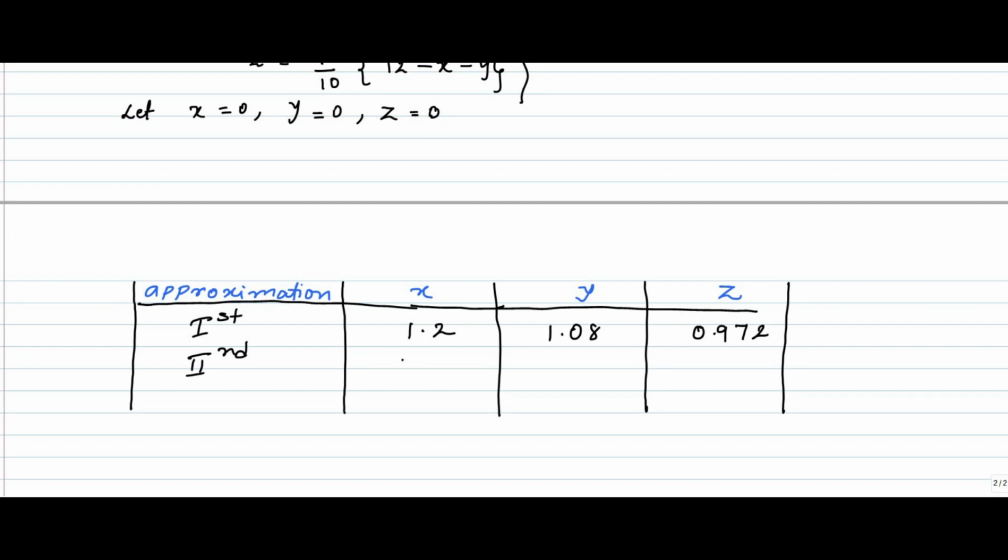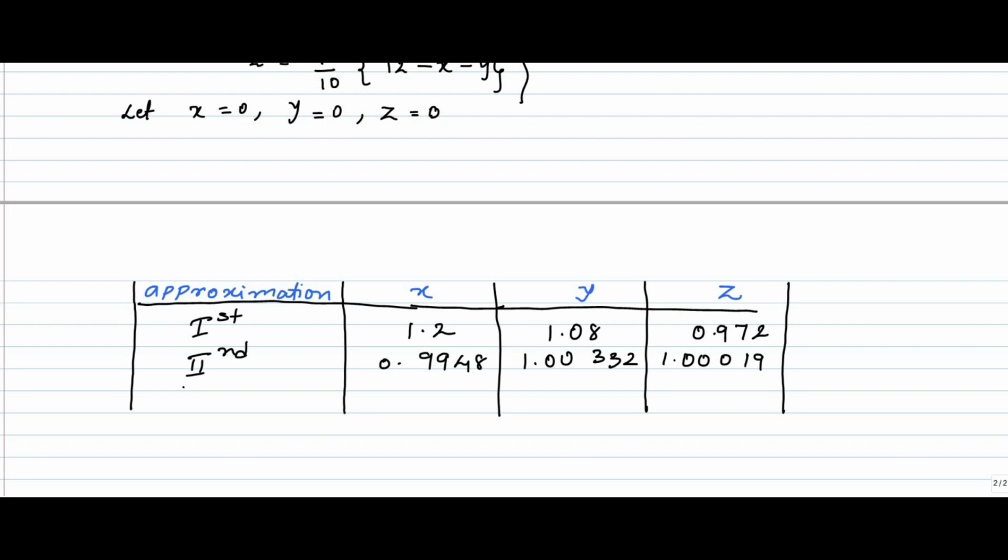I am going to note down the second approximation, and then I will show you in your calculator how to solve that. The second approximation value of x is 0.9948. The y value is 1.00332. The z value is 1.00019.